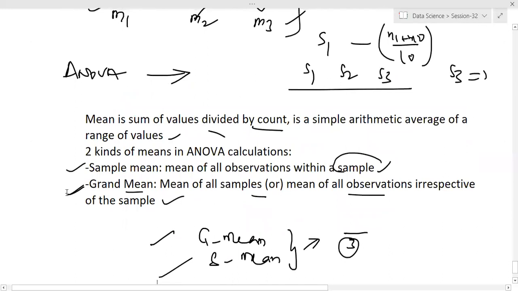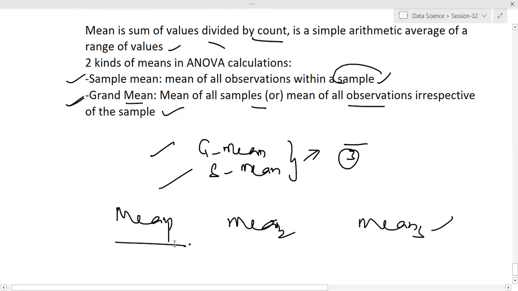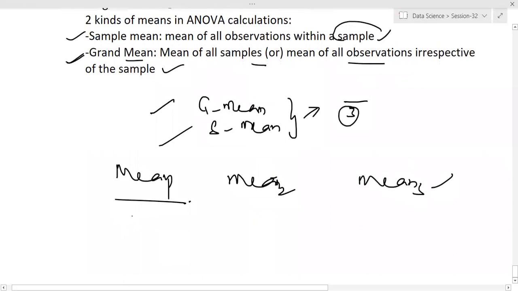Any similar concept we have seen earlier? Means, mean 1, mean 2, mean 3. We will see the variance using correlation.